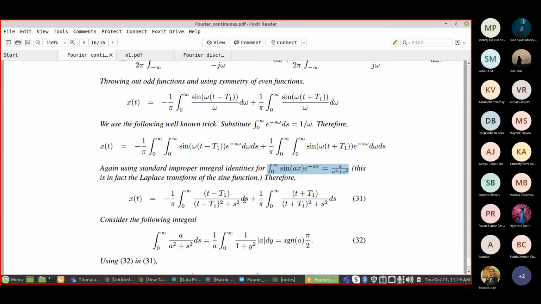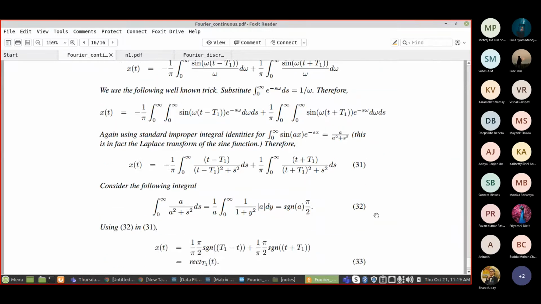Okay, and now we are almost there. So let's substitute a for this t minus t1 term. So this we can rewrite as a over a squared plus s squared, and doing further simplifications we can write it like this. So 1 over a times mod a, and this times dy. Again, mod a over a turns out to be sign of a. You can easily check that. And this is tan inverse of y, and evaluated at the limit gives you π by 2. So inserting this upstairs gives us this expression.